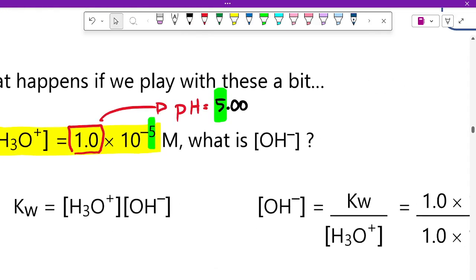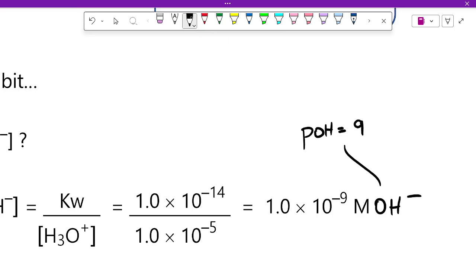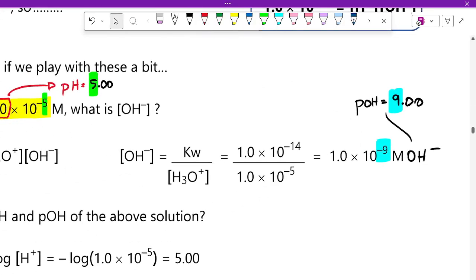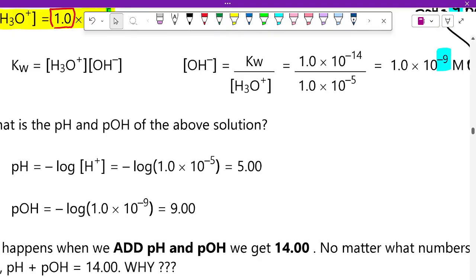What is the pOH? This is our hydroxide ion concentration. 9.00, because we've got our 9 there, and that becomes a 9. Okay, so we have pH is 5, pOH is 9.